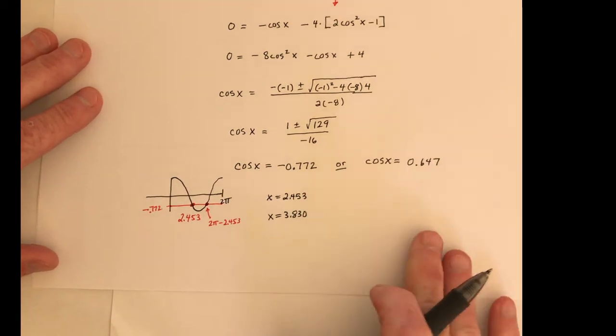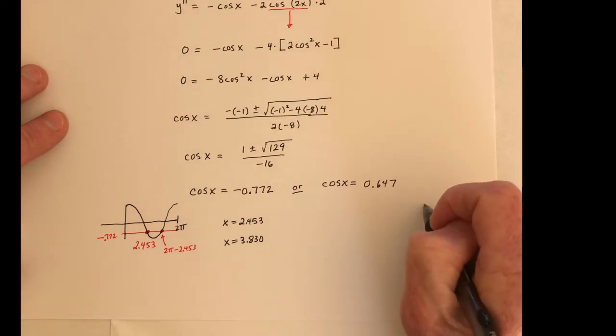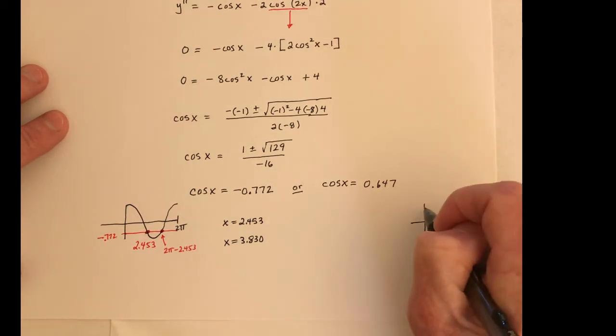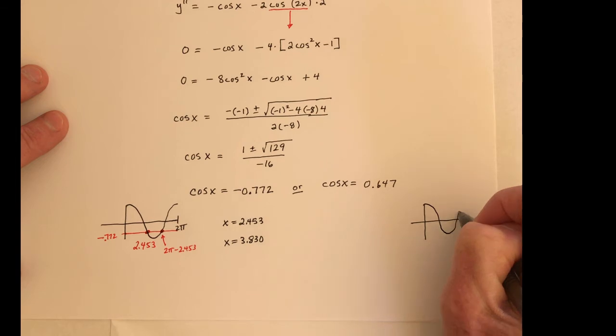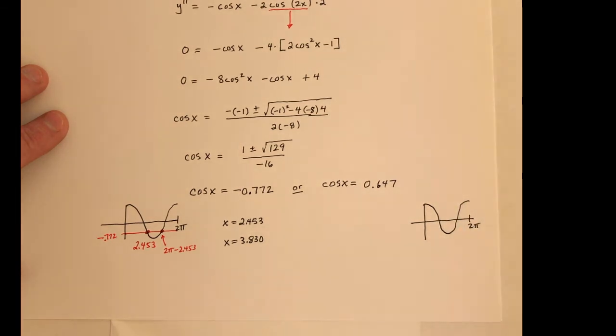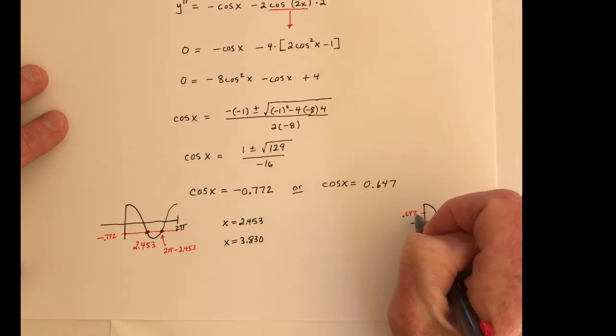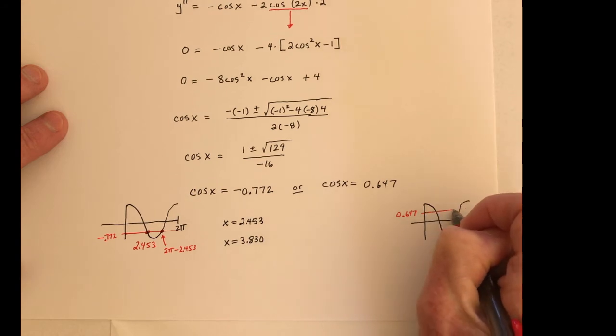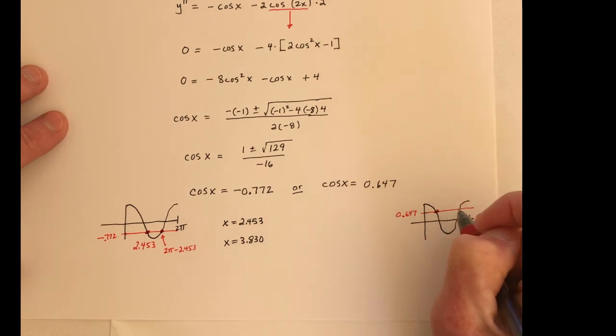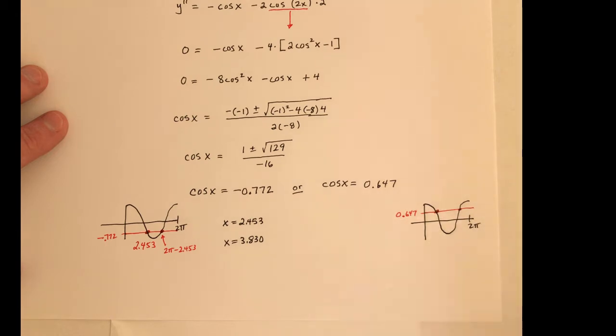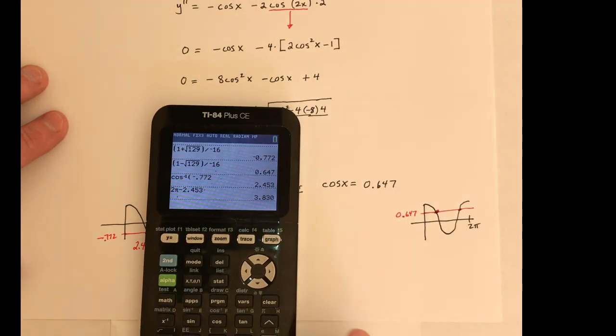And then for this one, take a look at the cosine graph again. This time with the red pen, put 0.647 on the y-axis and then go straight across, and there's two solutions for that. So for the first one, do cosine inverse of 0.647.